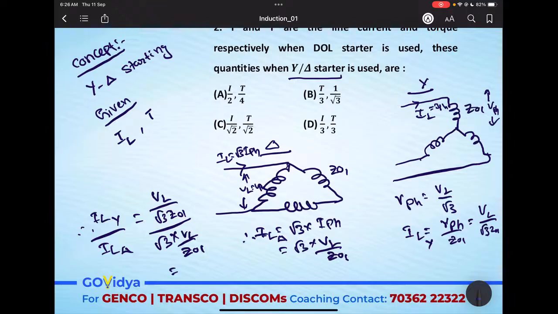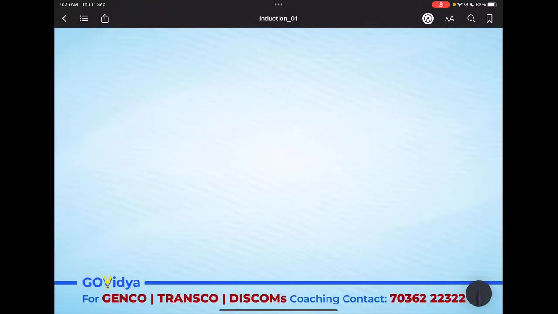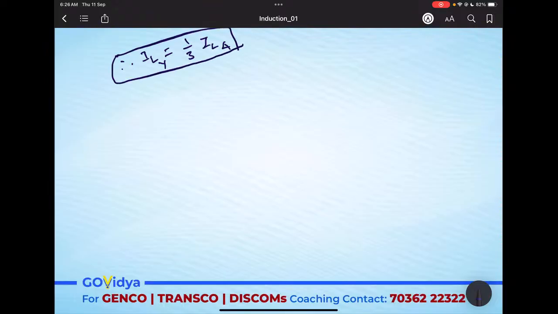How much it will come? It will come around 1 by 3. Therefore IL star current equal to 1 by 3 into IL delta current.